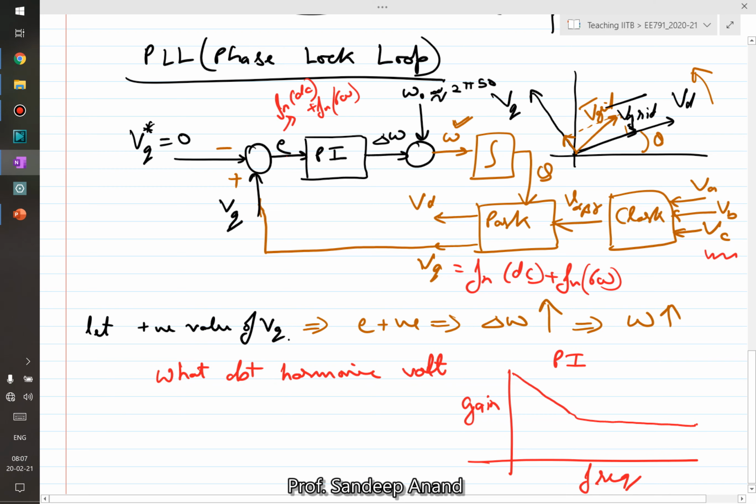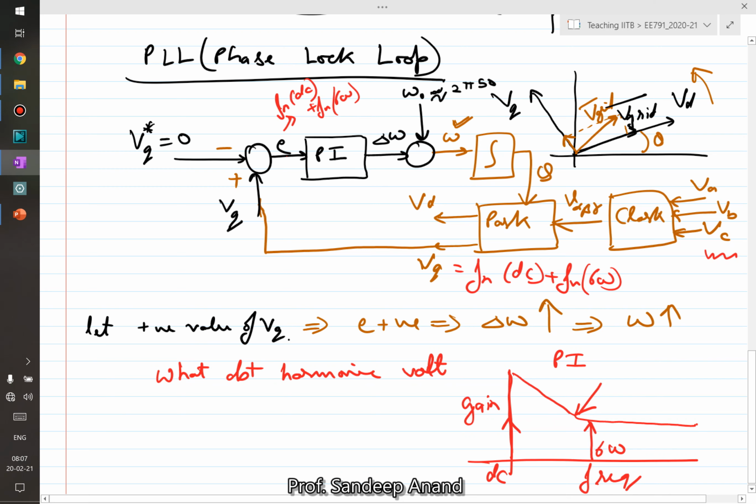Now PI inherently, if you see, gives an enormous amount of gain at DC, and it gives a limited gain at 6 times omega, right? Depending on this cutoff value, you can actually move the cutoff value to the left-hand side, so you can get much more attenuation at 6 times omega.